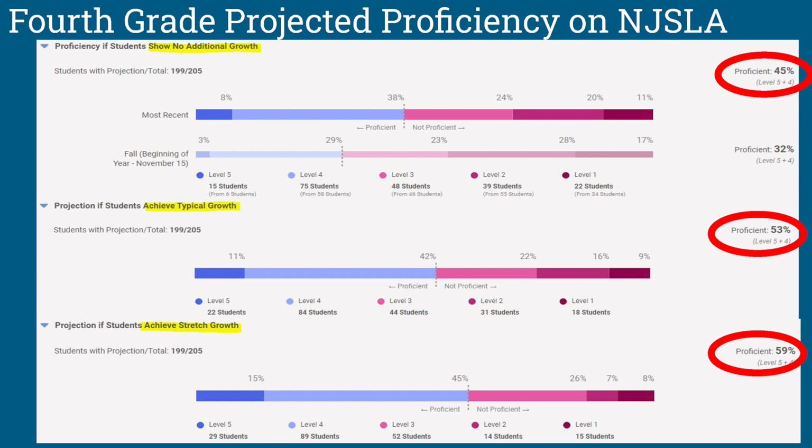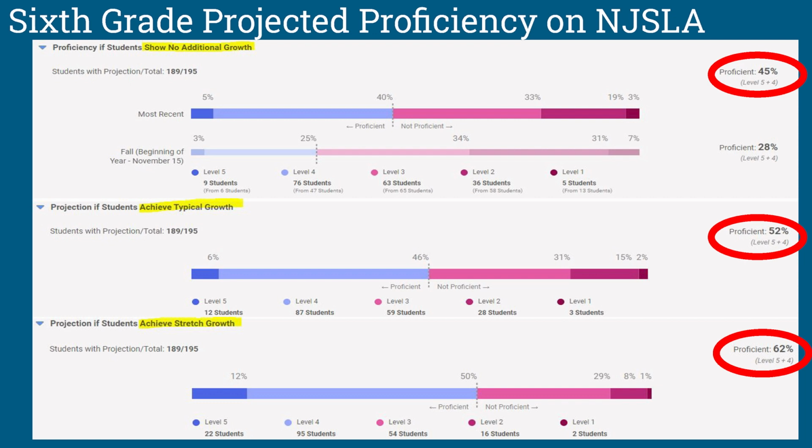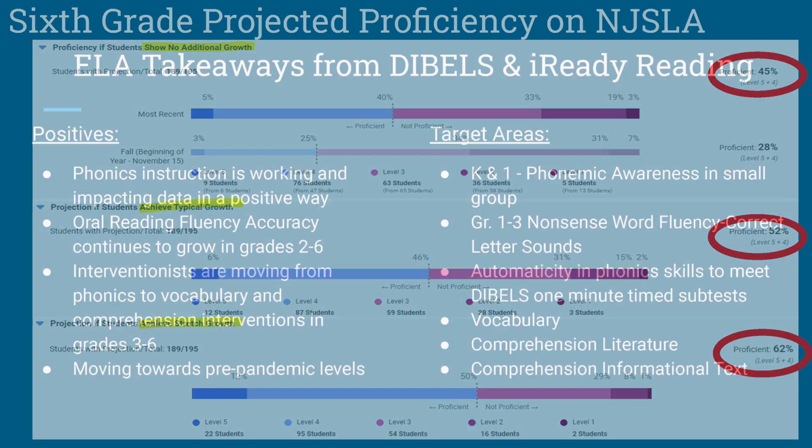And if we meet our stretch growth, we're at 59% of the students scoring proficient on NJSLA. In fifth grade, it's the same pattern. So it's 41%, 51%, 62%. Sixth grade, 45%, 52%, 62%, based on the growth that they make in iReady.